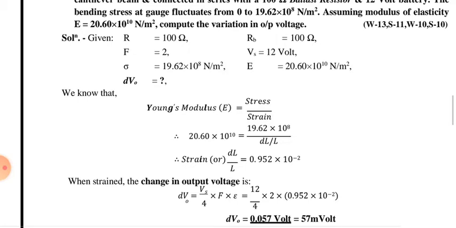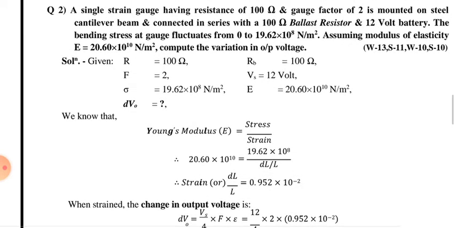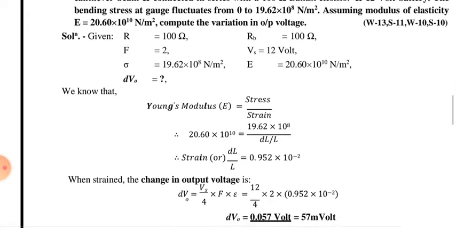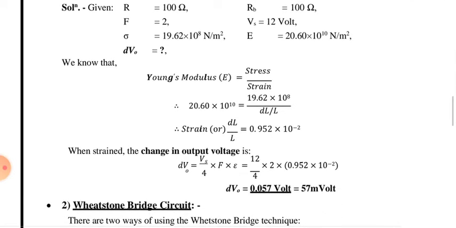So the change in output voltage dVo we will have to calculate. dVo equal to Vs, which is directly given to us, 12 volt. So 12 by 4 into gauge factor 2, then epsilon strain, which we have already calculated, 0.952 into 10 to the power minus 2.